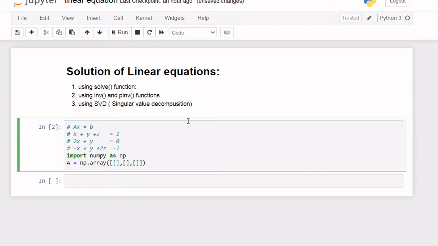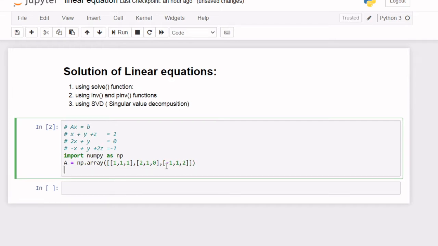In the first row we put 1, 1, 1; in the second row 2, 1 and 0, since the coefficient of z is 0; and for the third row we put -1, 1 and 2.